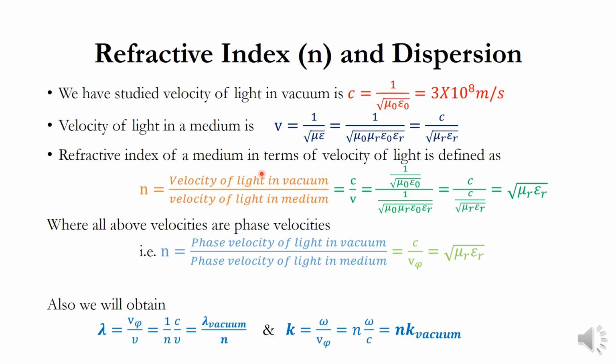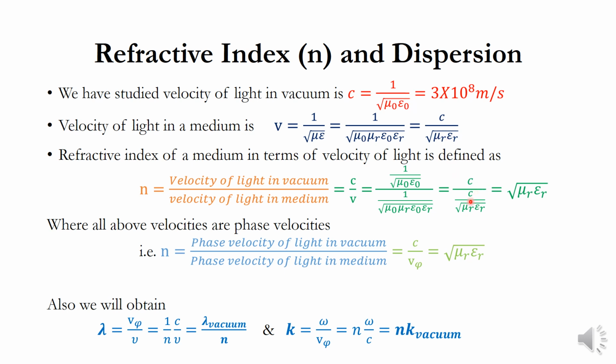So the refractive index of a medium in terms of velocity of light is defined like this: n is equal to velocity of light in vacuum divided by velocity of light in medium, that is c by v. So replacing their expressions, that is c is 1 by root mu 0 epsilon 0 and this v is 1 by root mu 0 mu r epsilon 0 epsilon r, or this is c divided by this v, the velocity of light in a medium v is c by root of mu r epsilon r.